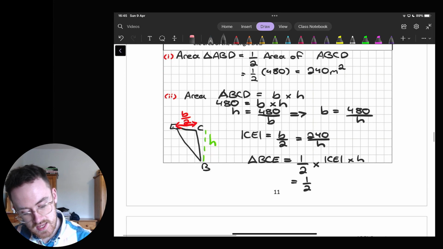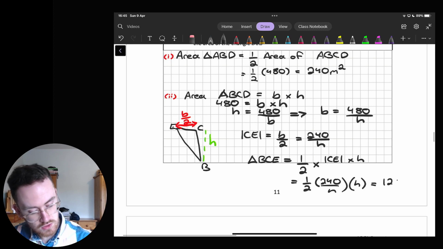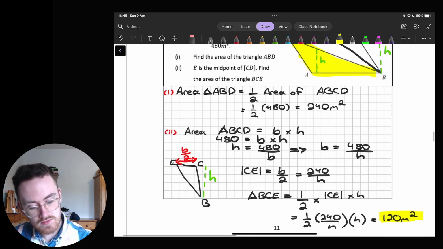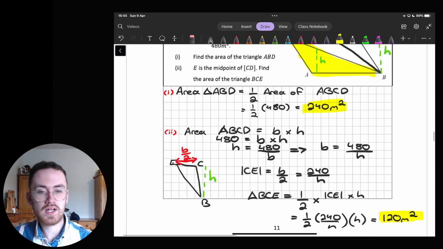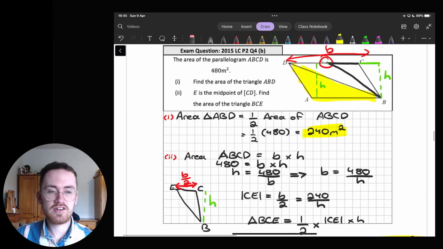So that is a half multiplied by 240 over H multiplied by H, which gives me 120 meters squared as my answer. So a bit involved there, and a bit of work in ironing out all of the points we're looking for, identifying that perpendicular height, identifying the base. Key things, I suppose, just labeling the sides we're looking for in the first place.